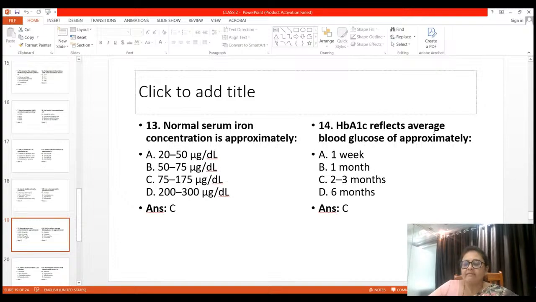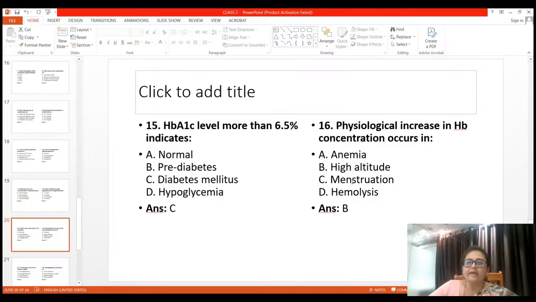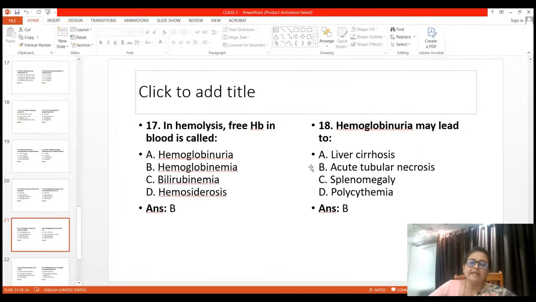Glycosylated hemoglobin reflects average blood glucose approximately for 2 to 3 months. I told you, chronically elevated blood glucose. HbA1c more than 6.5 is diabetes. Physiological increase in hemoglobin concentration occurs in high altitude. In hemolysis, free hemoglobin in blood is called hemoglobinemia.